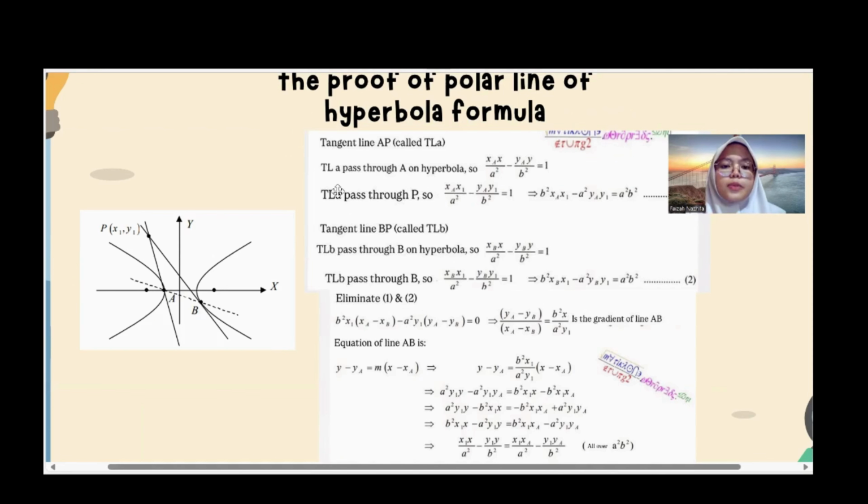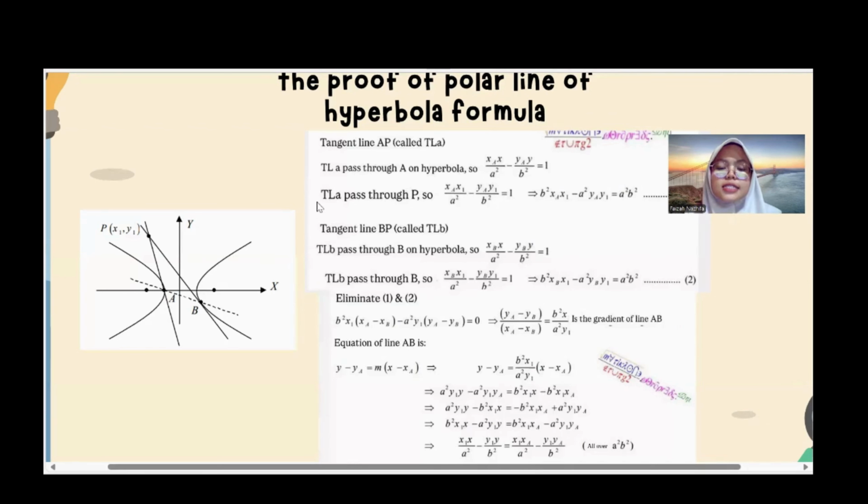And then tangent line AP, we just call TLA. The TLA passes through A on the hyperbola, so the equation is this, right? We substitute the coordinates of the position of A into the hyperbola equation.